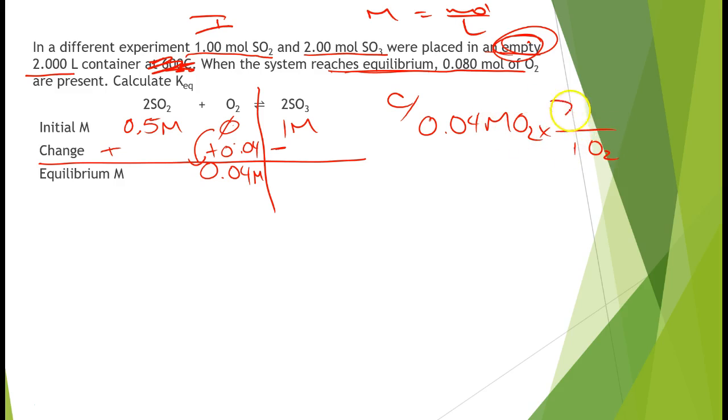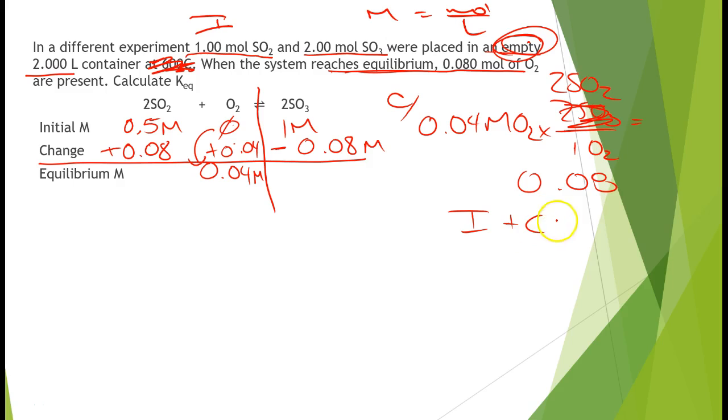1 oxygen, 2 SO3s means the SO3 changed by 0.08, and if I put in 2 SO2s, I get the same number. It's 0.08. So at equilibrium, initial plus change gives you equilibrium. I have 0.58 and 0.92. So put it into my Keq expression.